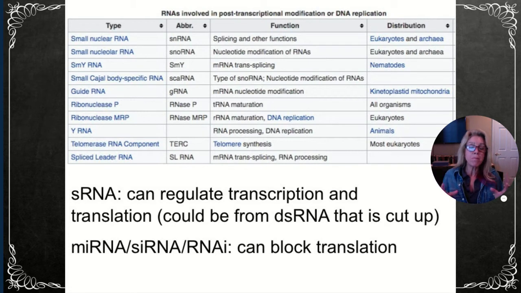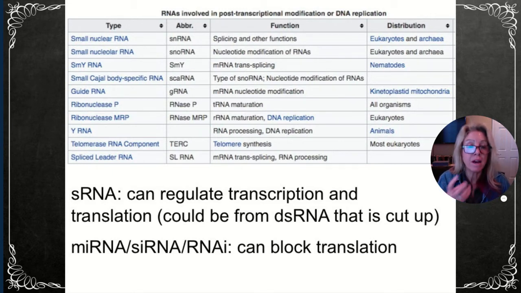That's because, remember, DNA is double-stranded, but RNA is single-stranded. So anything that can bind to that RNA, making it double-stranded with complementary bases, can influence how it is processed, modified, whether it can exit the nucleus, and whether it can eventually be translated. So on your notes, I have small RNA, sRNA, can regulate transcription and translation.